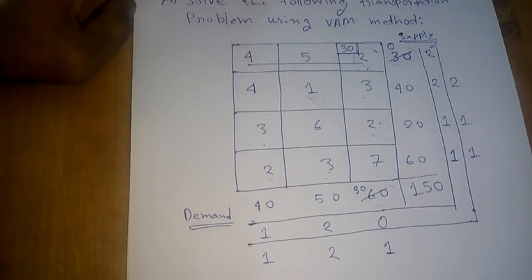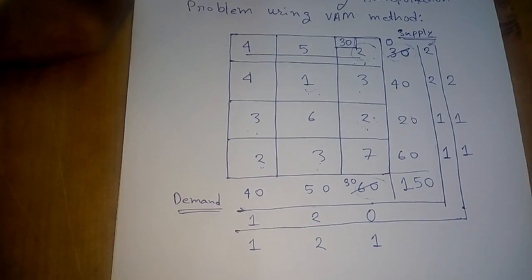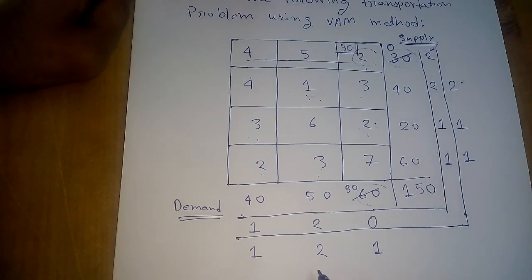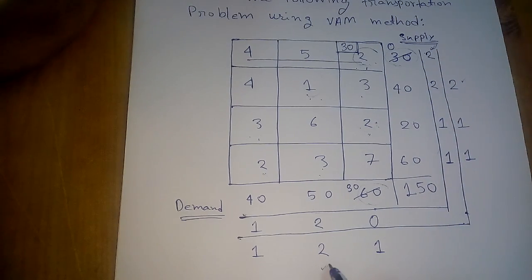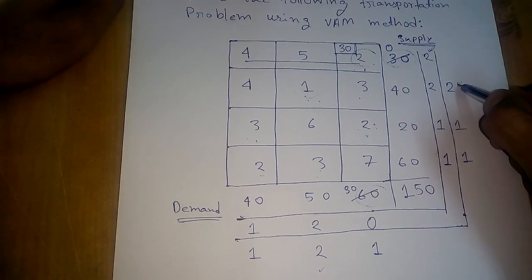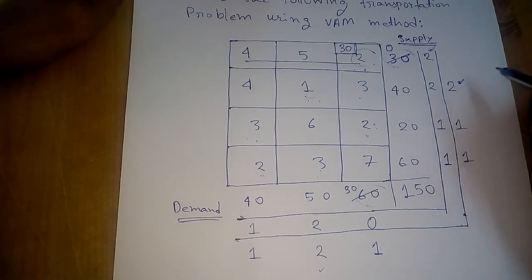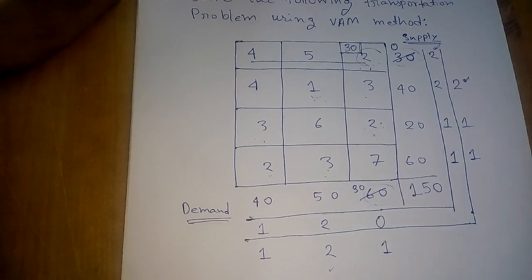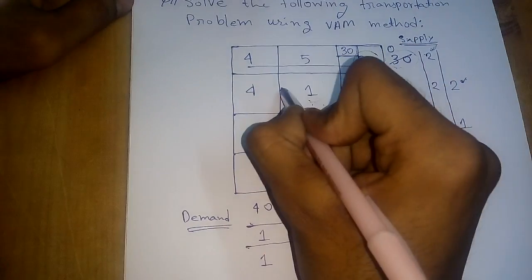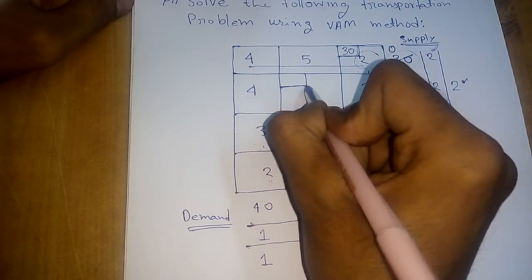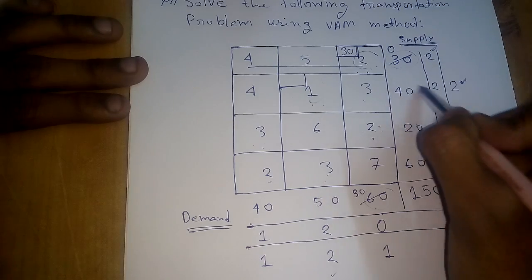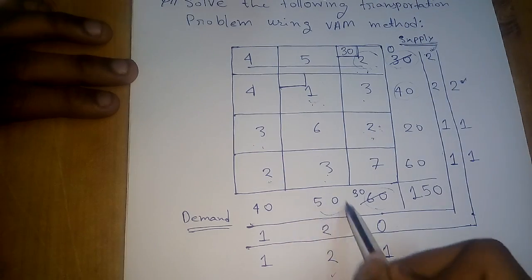So again we have to find the highest penalty value. The 2 is highest here, and in the columns section the 2 is highest. We will take the value from the row part, and in this row we will again check the minimum value, that is 1 here. So we will select the box, and the row-wise value is 40 and the column-wise value is 50.